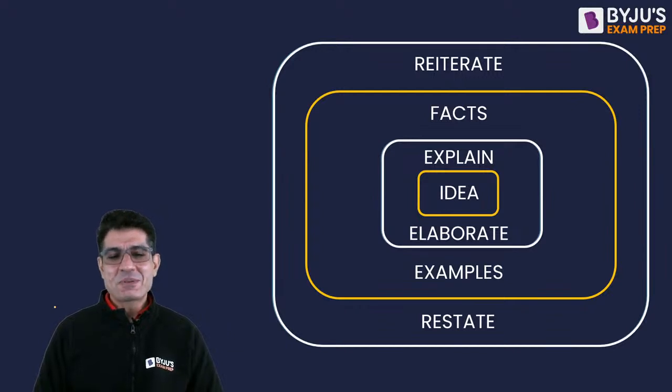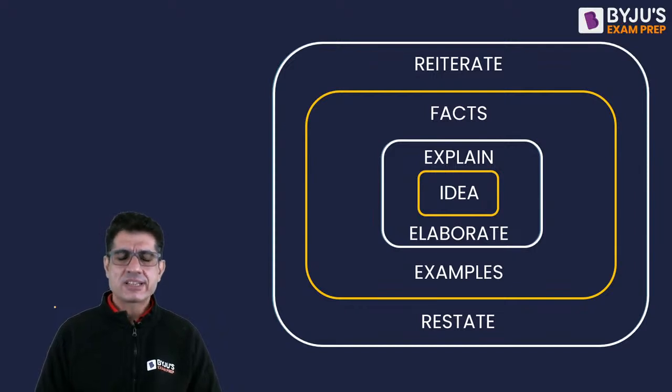So what a summary basically asks us is, now that the idea has reached you, can you retain the idea and discard the packaging? So in a way, it forces you to think of the idea versus the packing material.